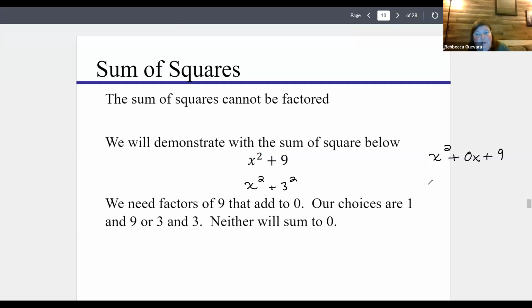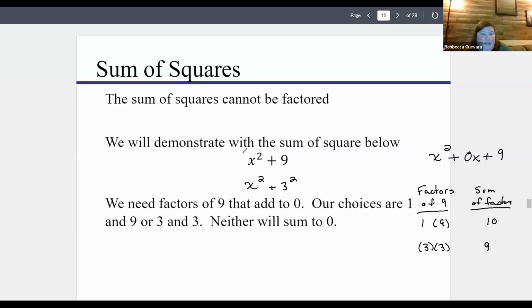I would need two numbers that are factors of 9, and I want the sum of those factors to be 0. Well, my choices are 1 and 9, and 3 and 3. To make that be a 0 would mean I'd have to have a 3 and a negative 3, which I can't have because this is already positive. So neither pair of factors of 9 is going to sum to 0.